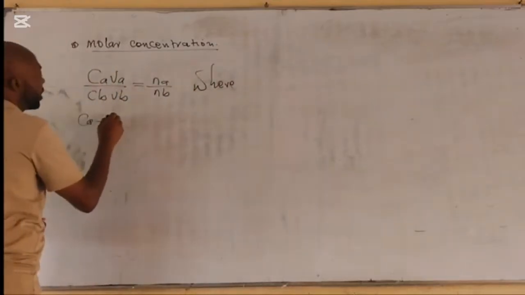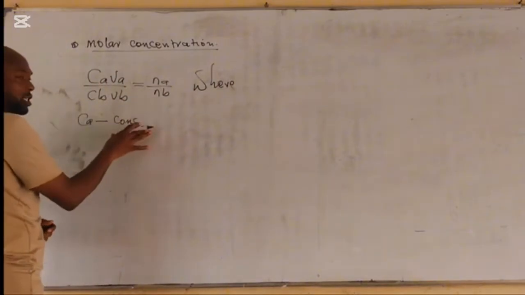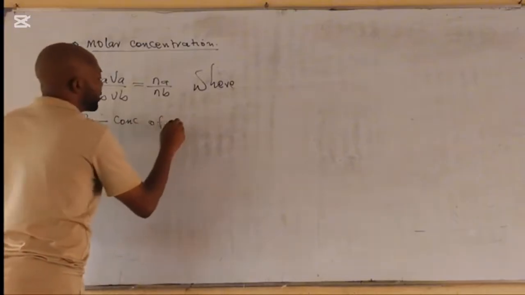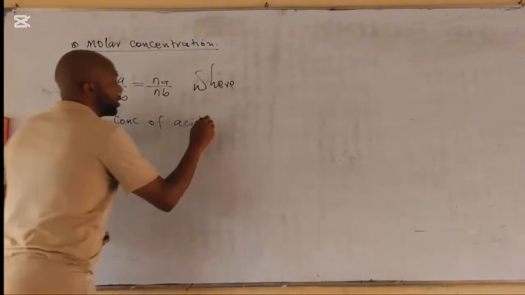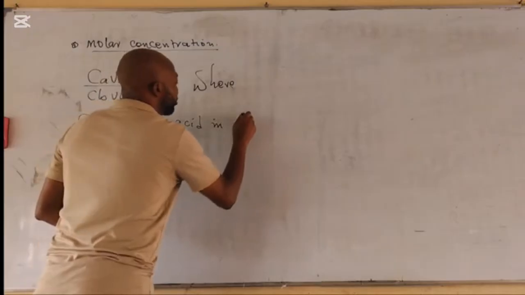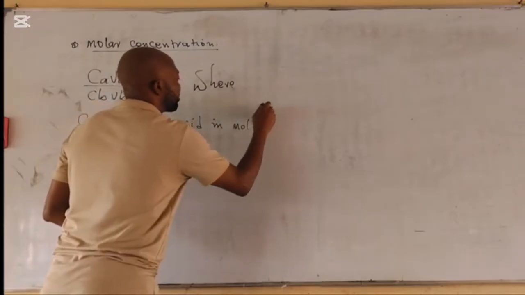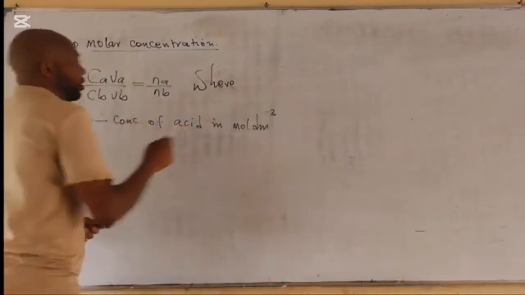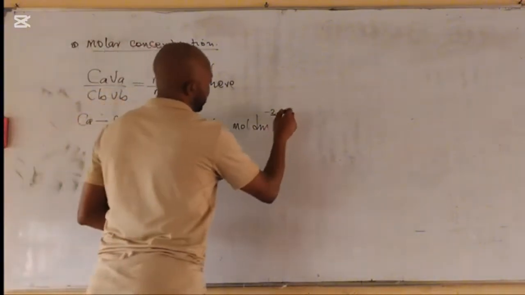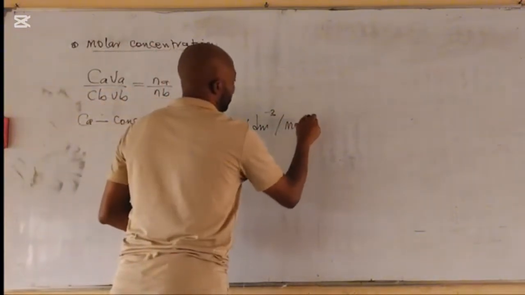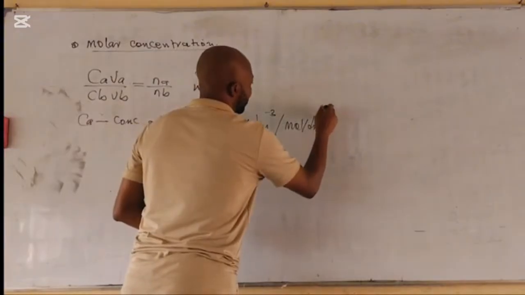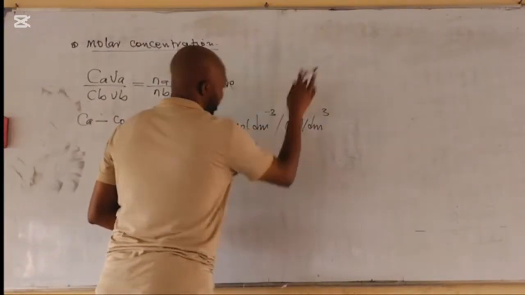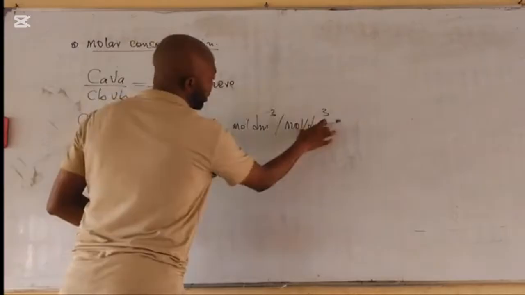CA is concentration, I'll write it in short, of acid in mole per dm cube, either you write it in this way or this way.